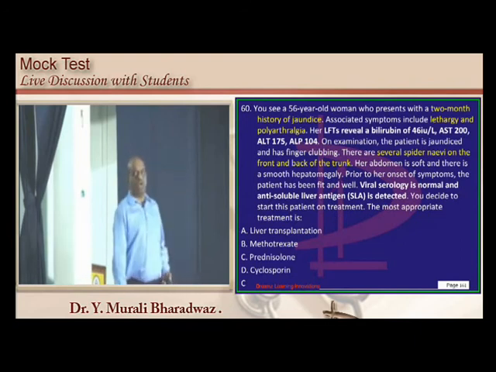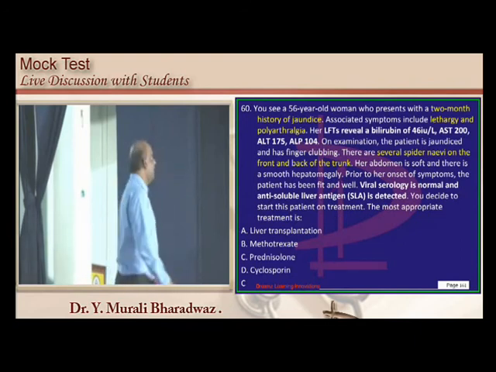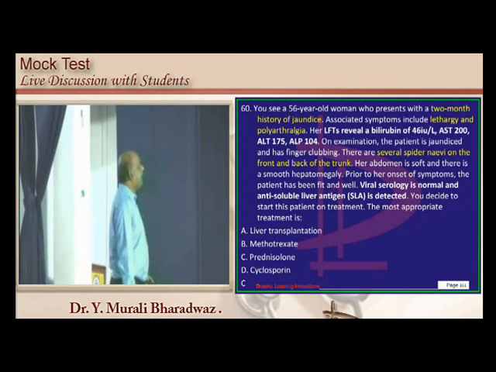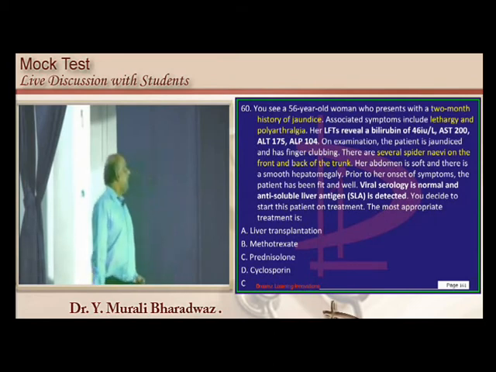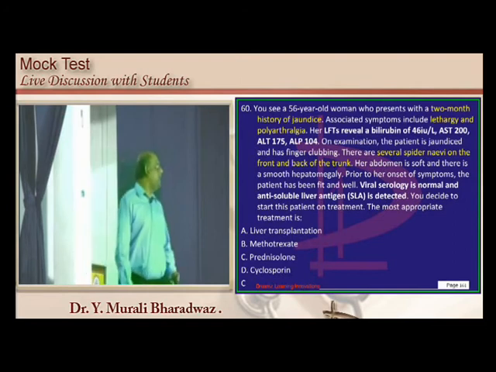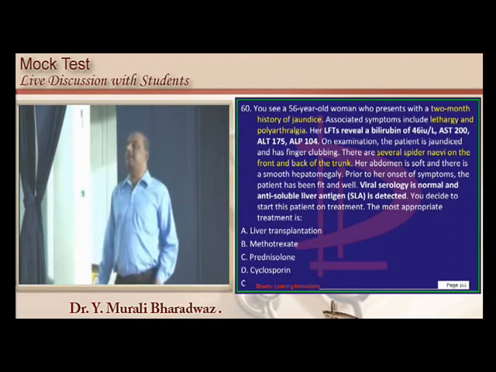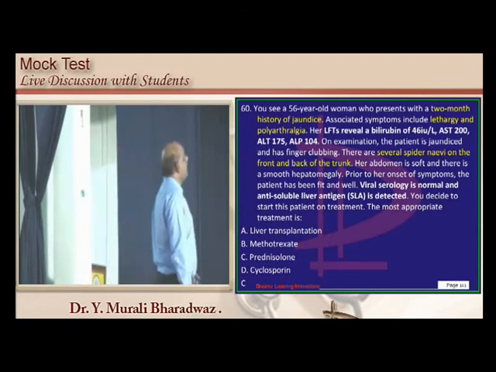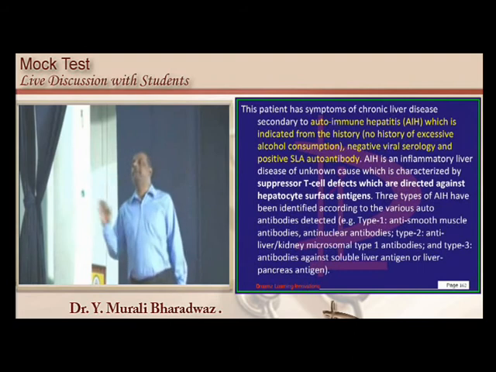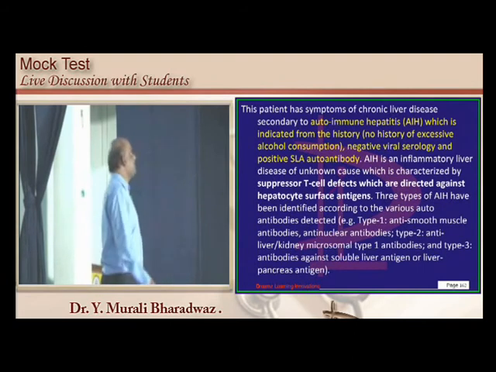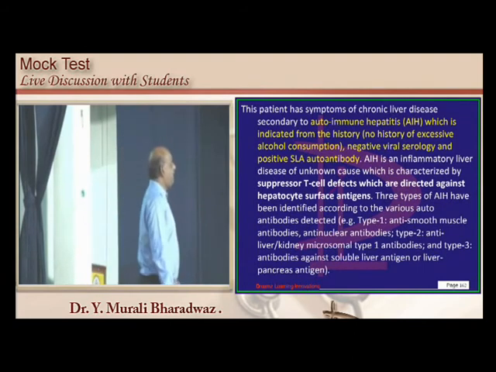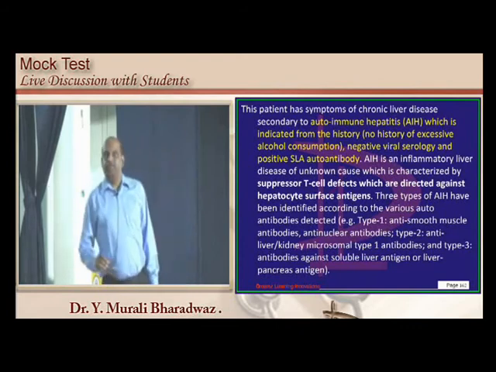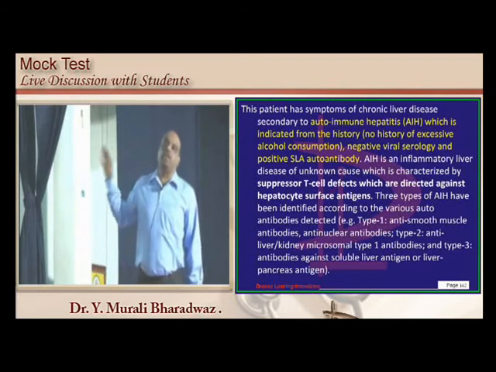A 56-year-old with a history of jaundice with polyarthralgia, and there are several spider nevi on the front and back of the trunk, and anti-soluble liver antigen is detected. Too many facts. So it is clearly a case of autoimmune hepatitis, which needs to be treated, especially whenever a patient has liver dysfunction with negative viral serology.